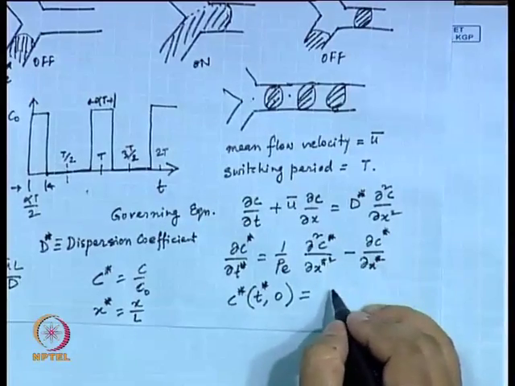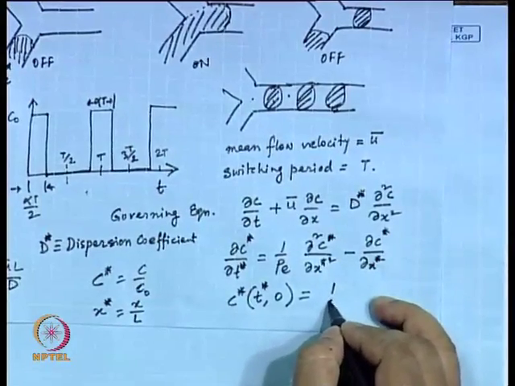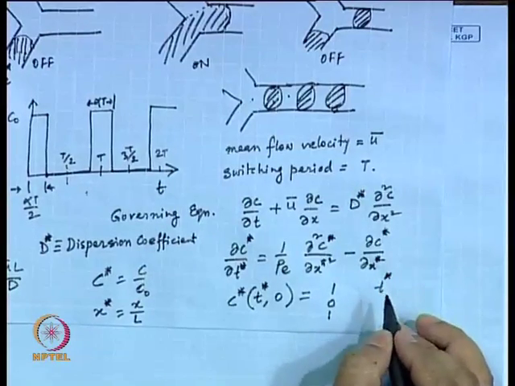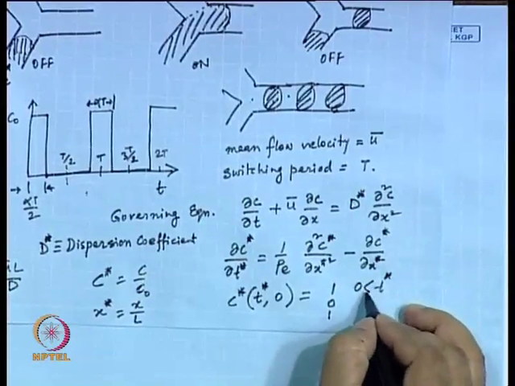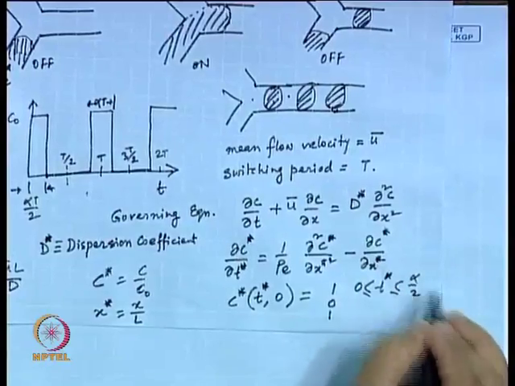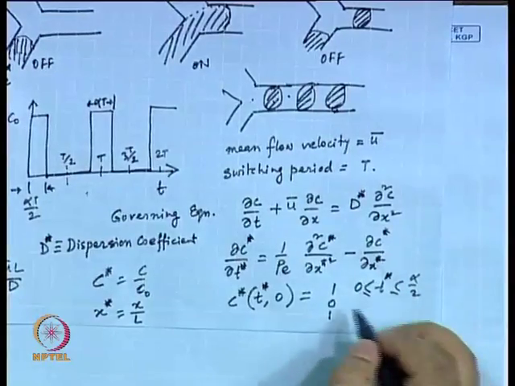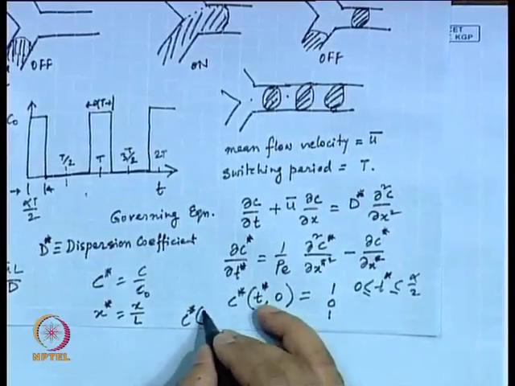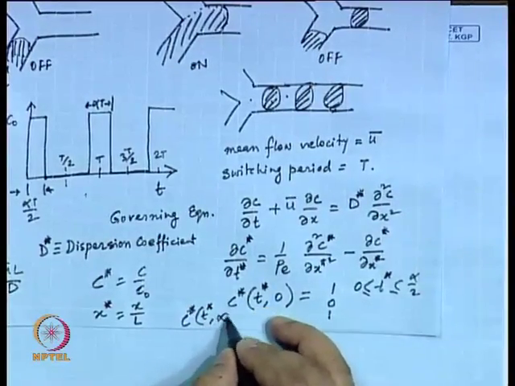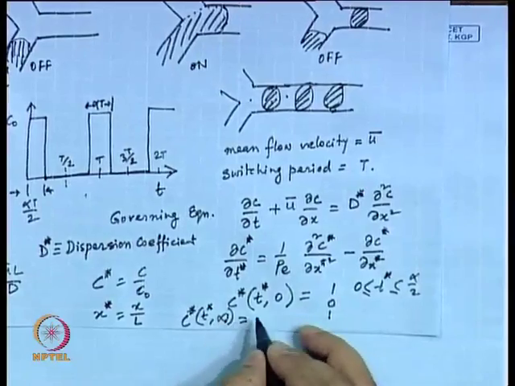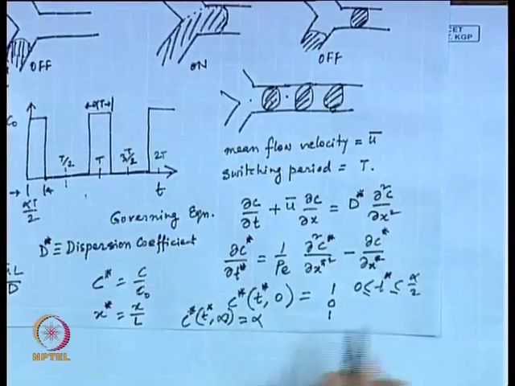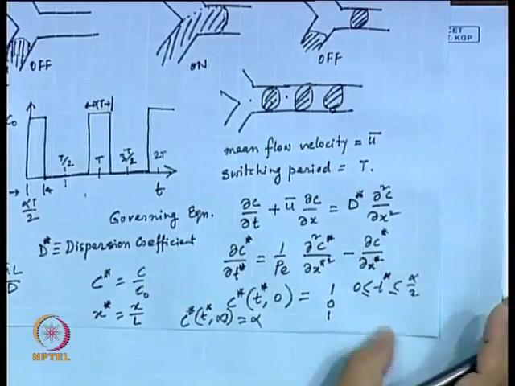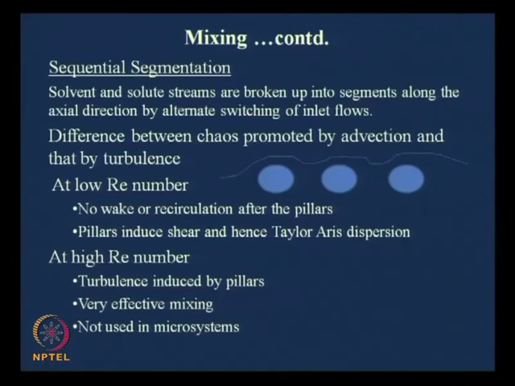This will take the value, instead of C 0, of 0 or 1, depending on where this T star is, whether it is 0 or alpha by 2. Similarly you will have the other boundary condition, C star at T star infinity, equal to simply alpha. So you can write this in terms of dimensionless quantities and probably solve this.